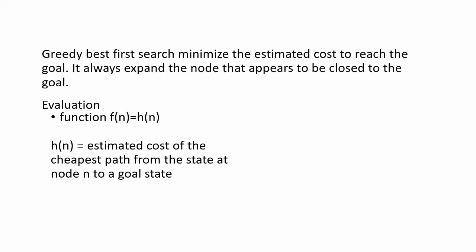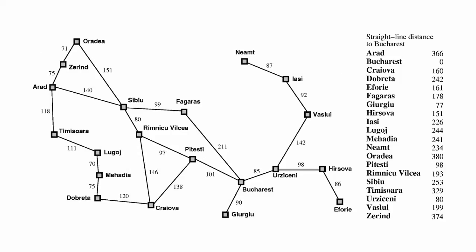Coming to greedy best first search, it minimizes the route path by considering the estimated cost. In the previous slide I explained this graph and the straight line distance values. The path distance from node to node we consider as the actual cost.